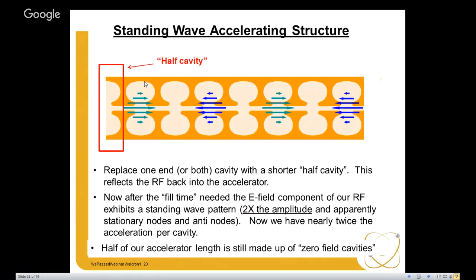So I have now the same length accelerator, but now I have these zero field cavities that are stationary, and all these cavities are doing is propagating the RF. So maybe I can do something else to shorten my accelerator and make my equipment a little smaller. Maybe I can remove those cavities somehow.